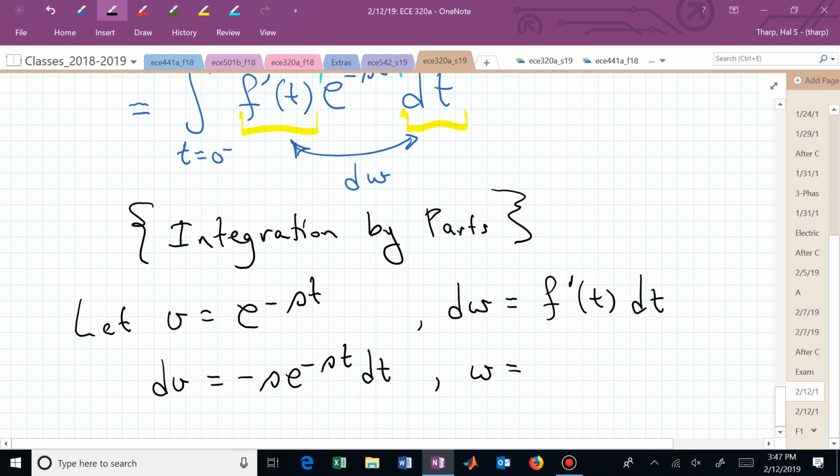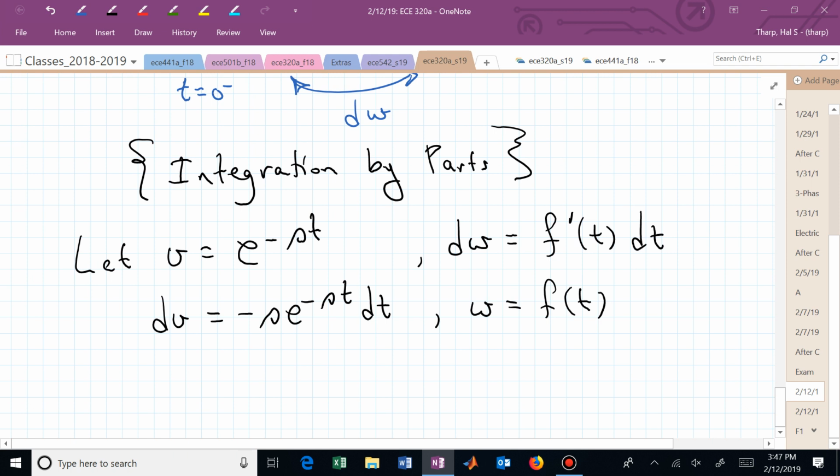Or w, if we take the antiderivative of both sides of that dw expression, we then end up with what we want, f of t.